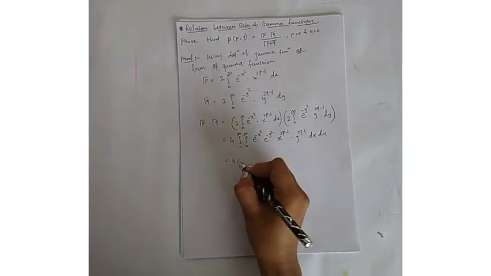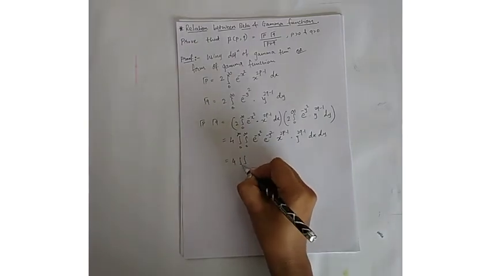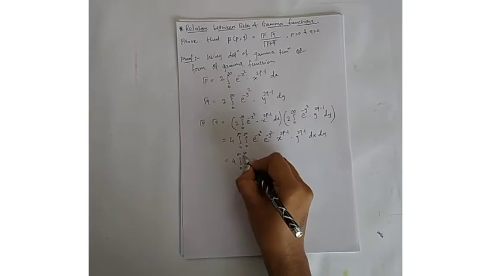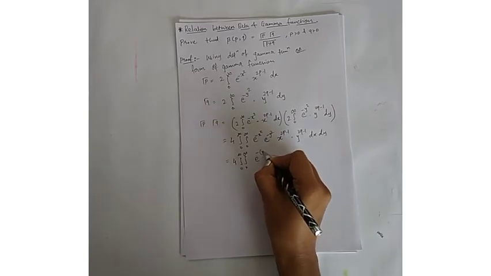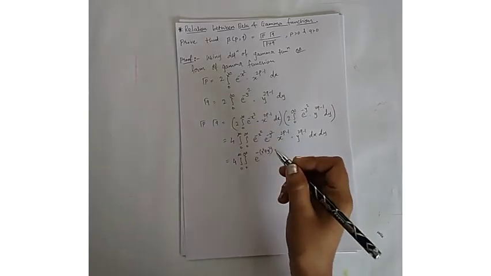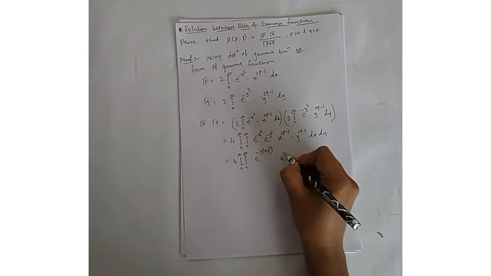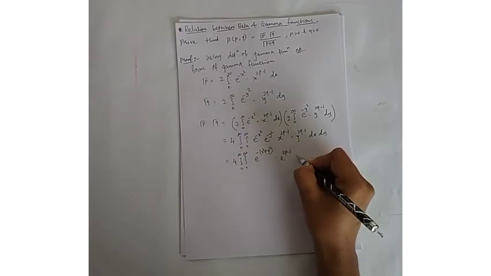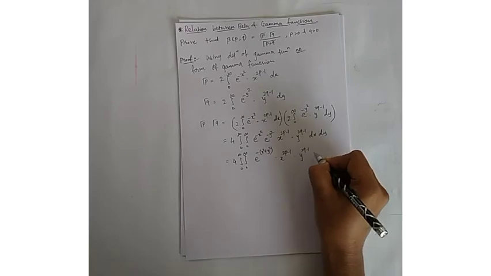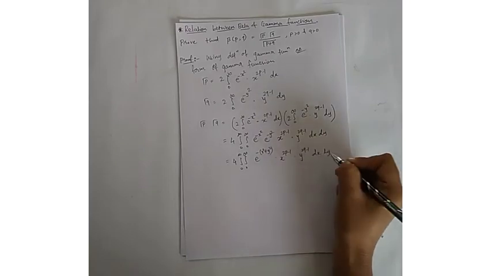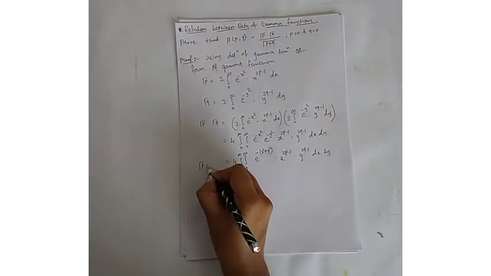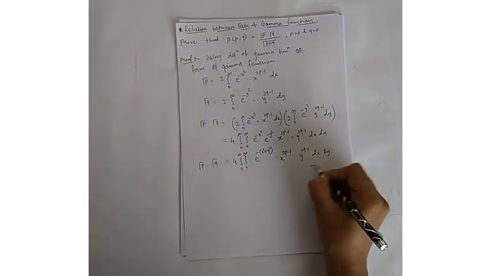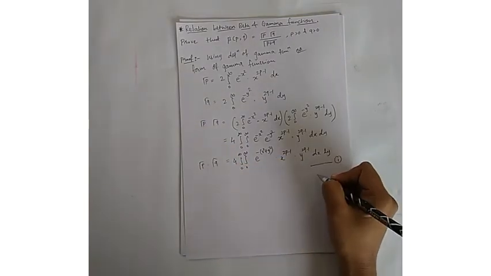Again simplify, so it is equal to 4 into double integration with limit 0 to infinity e raised to minus (x square plus y square) and x to the power 2p minus 1 and y to the power 2q minus 1 into dx into dy. This is the value of gamma p into gamma q. Call it equation number 1.